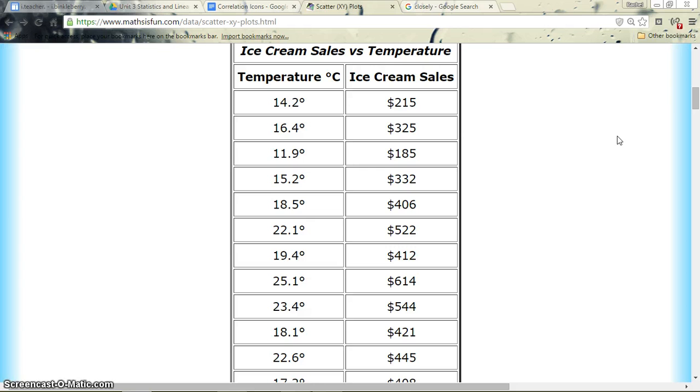If we define our variables, X is the temperature in degrees Celsius, Y is the amount of ice cream sales, and it looks like they're using dollars. The sales go up when the temperature goes up, and that makes sense because people want ice cream as it gets hotter.